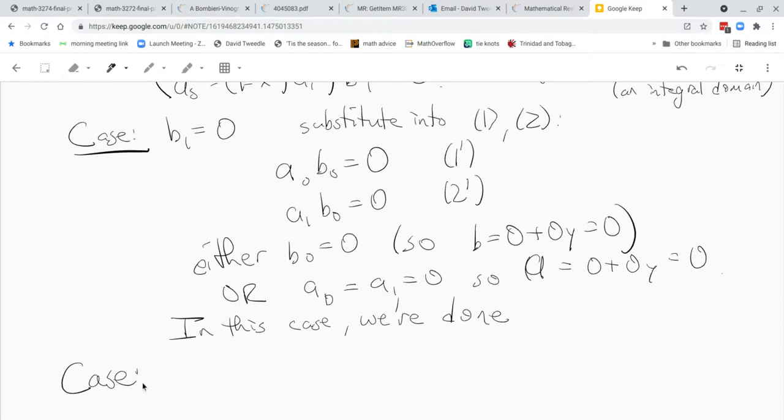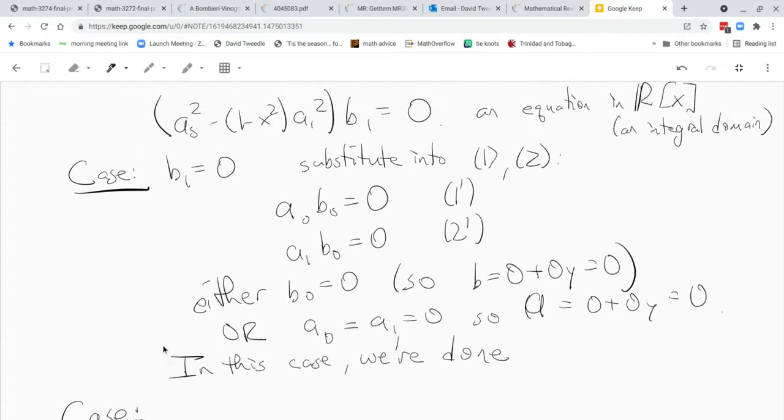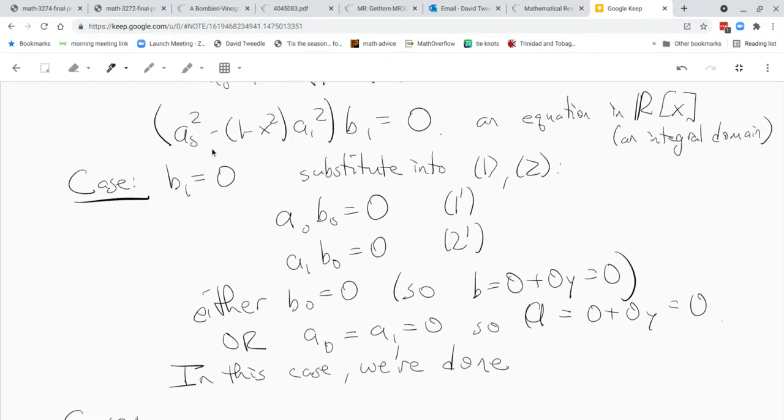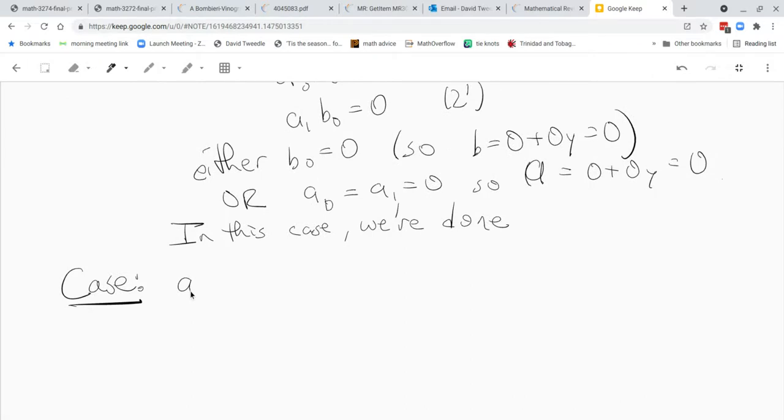The other case is that this other expression is 0, so a0 squared minus 1 minus x squared a1 squared equals 0. And we want to prove that both a1 and a0 are 0.